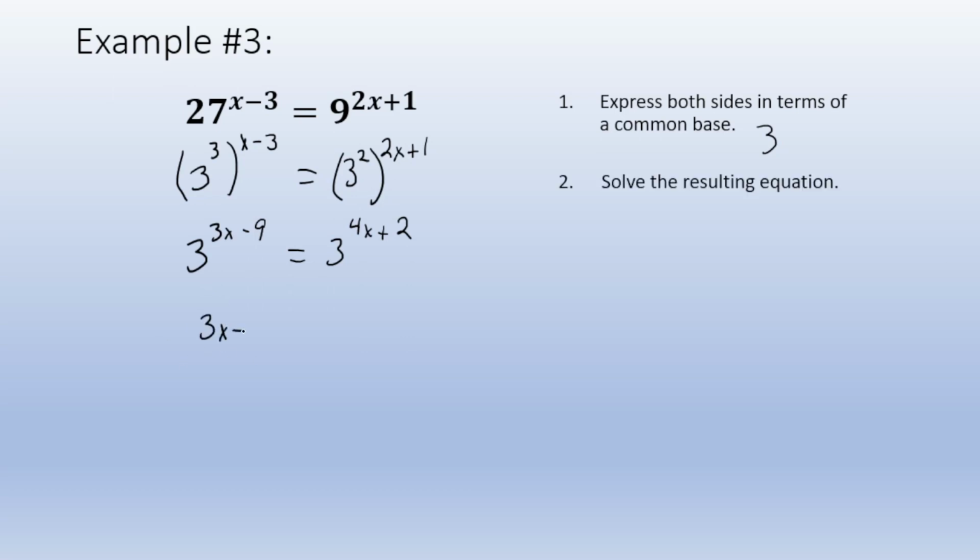Our equation then becomes 3x minus 9 equals 4x plus 2. Subtracting 3x from both sides gives us negative 9 equals x plus 2. And then finally subtracting 2 from both sides to get a solution of x equals negative 11.